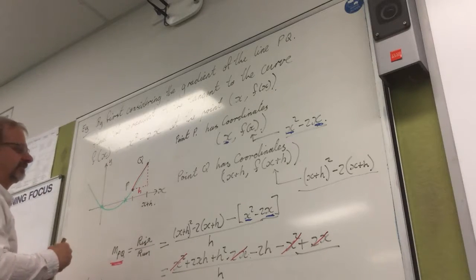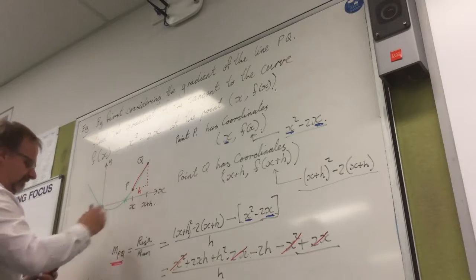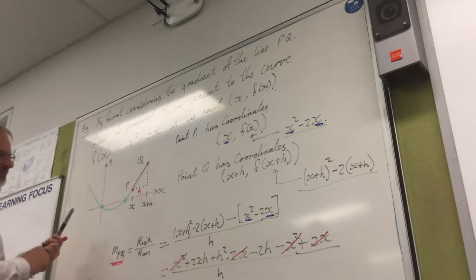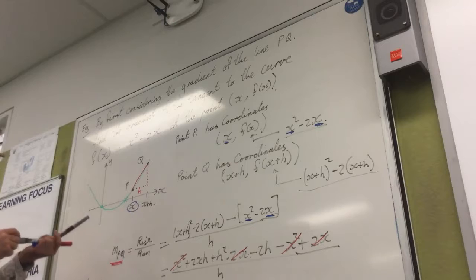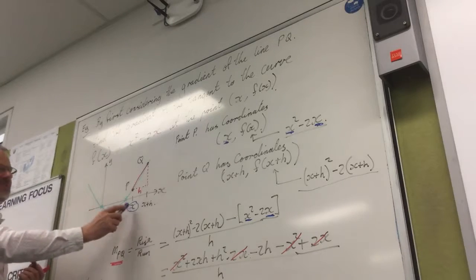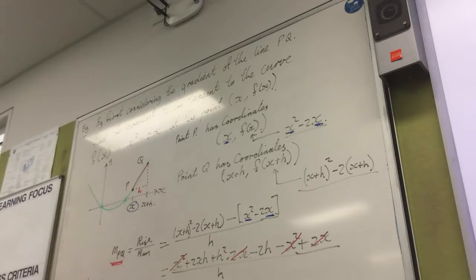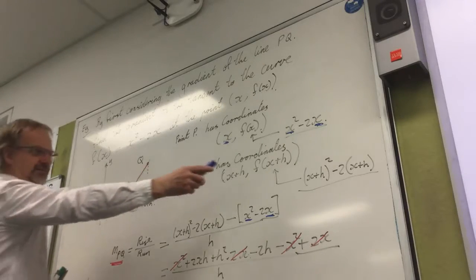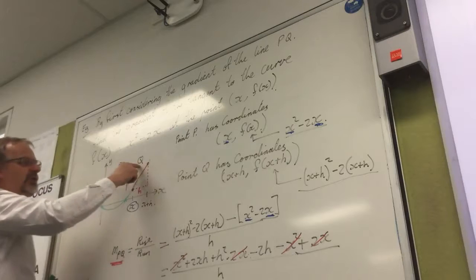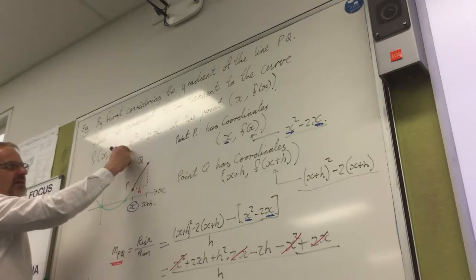It's this one here. It's this x. It's that one, which is related to here. Because they're both the same, when you put that in there, it looks the same. Then to find the other point Q, we put x plus h in there.